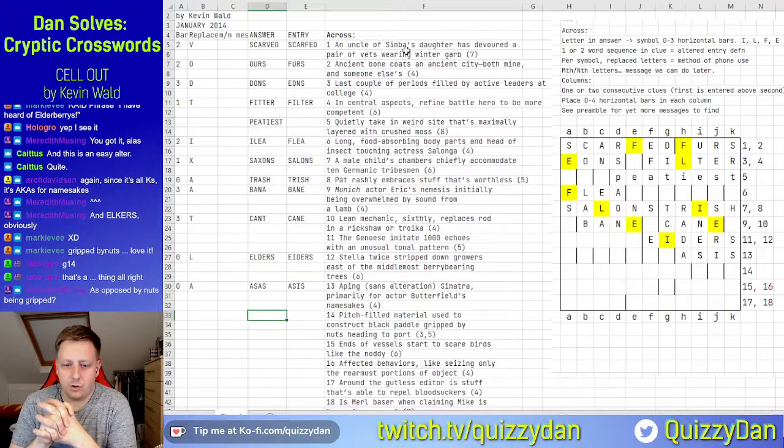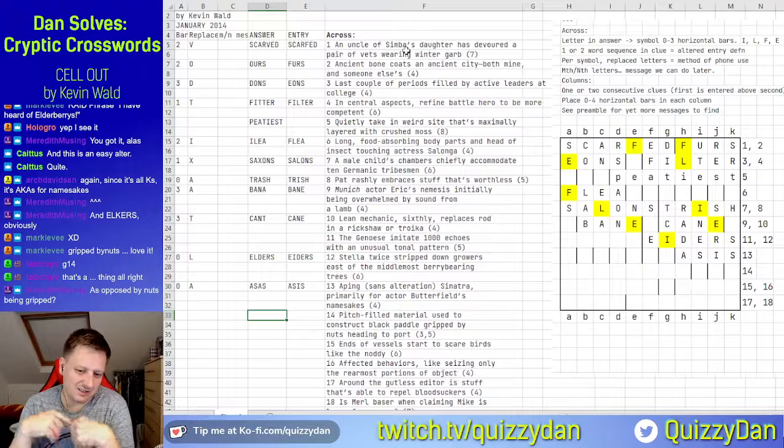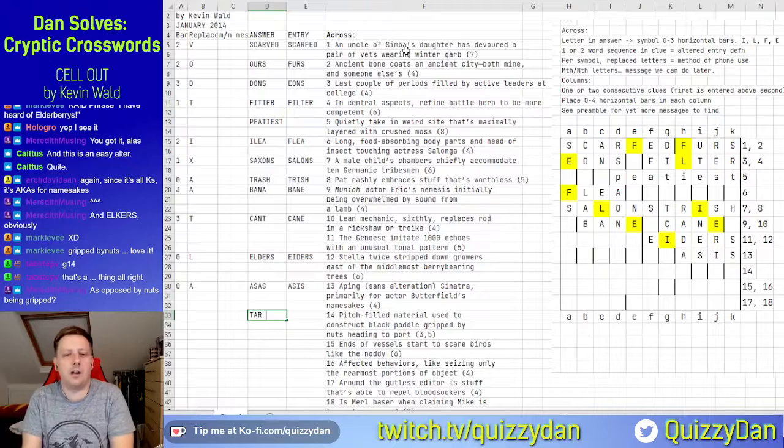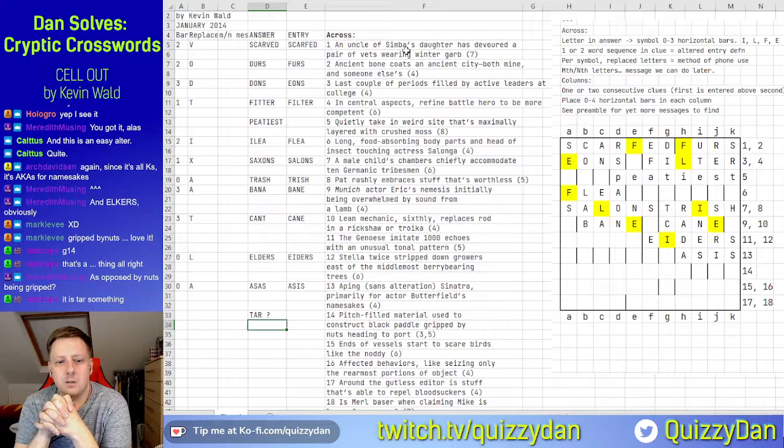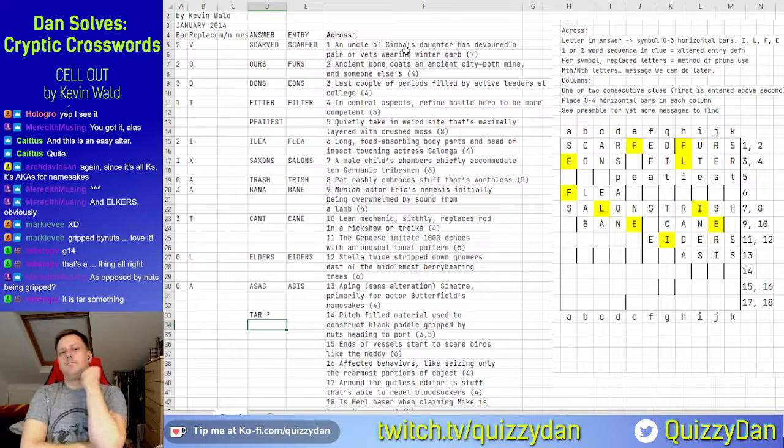Used to construct. I feel like there's still pitch-filled material used to construct. Is it tar something? Is that right? Black is B. A paddle is an oar. Is that right? Gripped by nuts heading to port. Tar barrel.